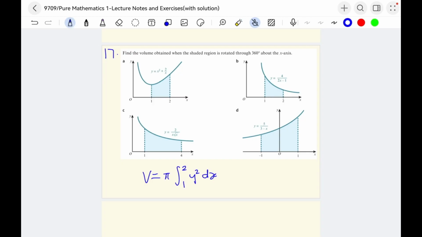Conversely, for the y region, V rotated through 360 degrees about the y-axis is equal to pi times the integral of x squared dy.